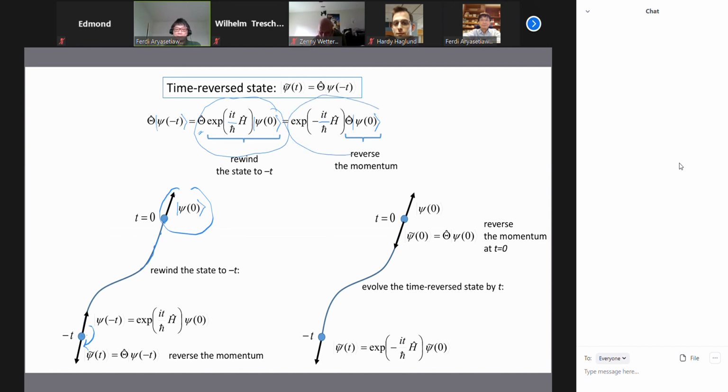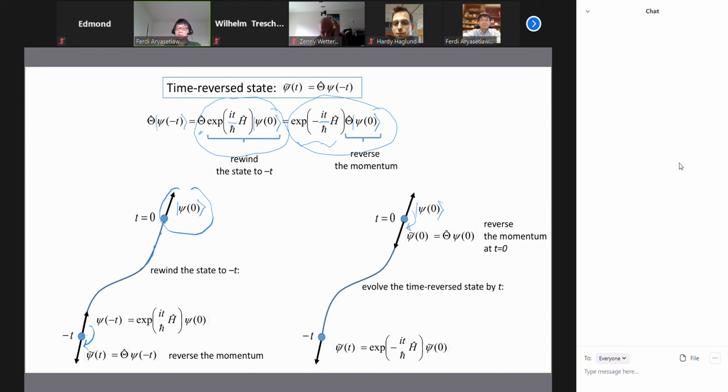And this one here should give me the same result. Here we start from the same initial state, psi at time t equals 0. But instead of first rewinding the state to minus t, we reverse the momentum because we apply theta. So we reverse the momentum from this direction to this direction. And then we evolve it using our time evolution operator. We evolve the time reverse state to time t.